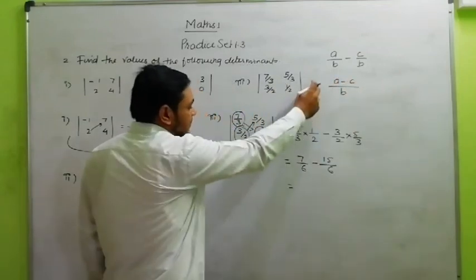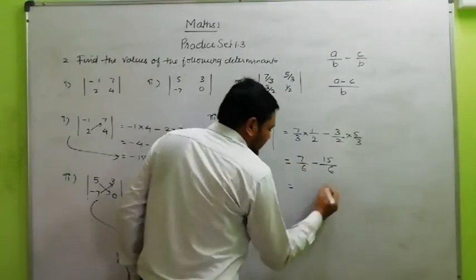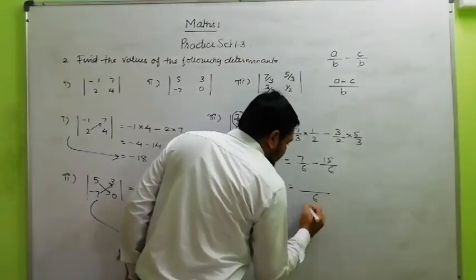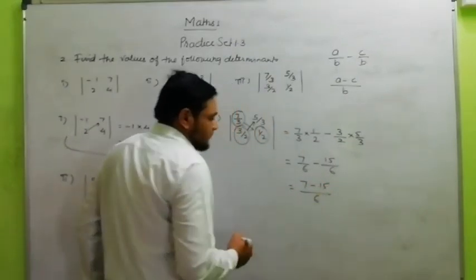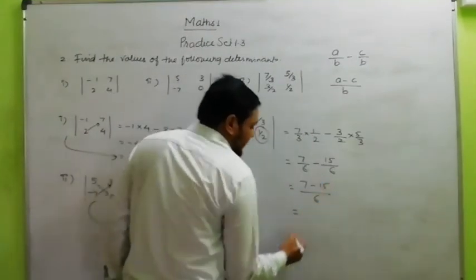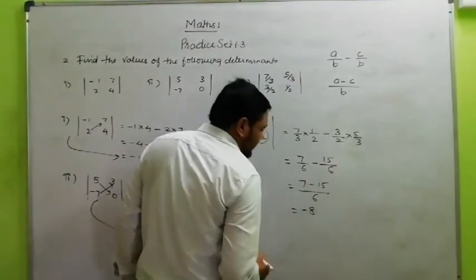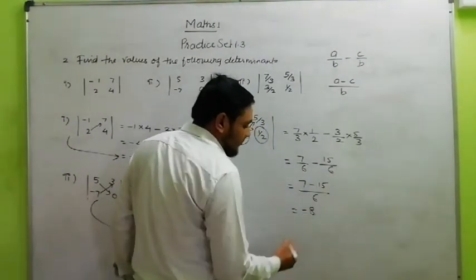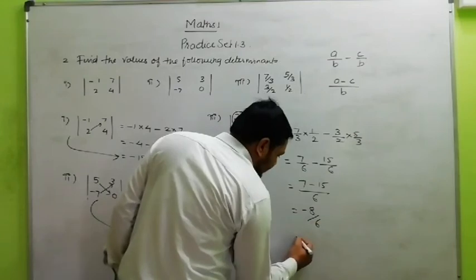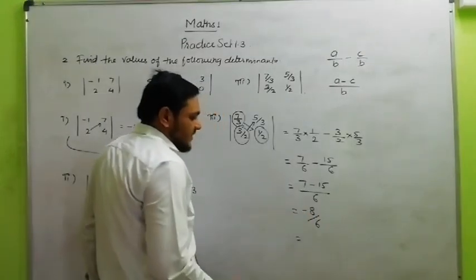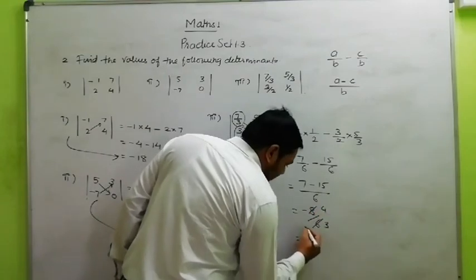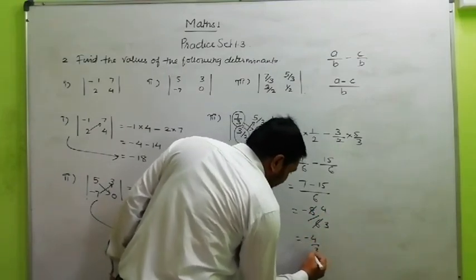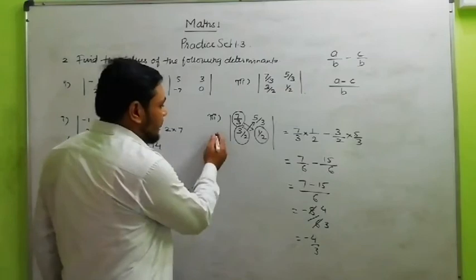The same formula applies here. The denominator 6 is common, so we take 6 as it is, and now 7 minus 15 is negative 8, because the sign of the greater number is negative, upon 6. Reduce this term by 2: 2 3s are 6 and 2 4s are 8. So this is negative 4 by 3, which is the value of this determinant.